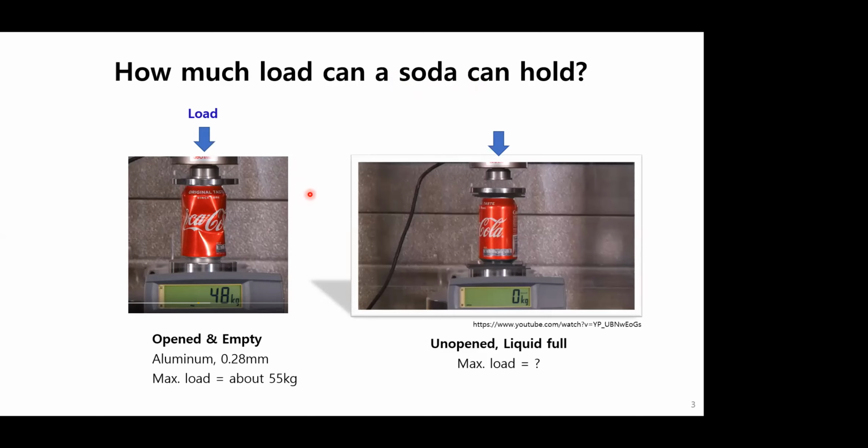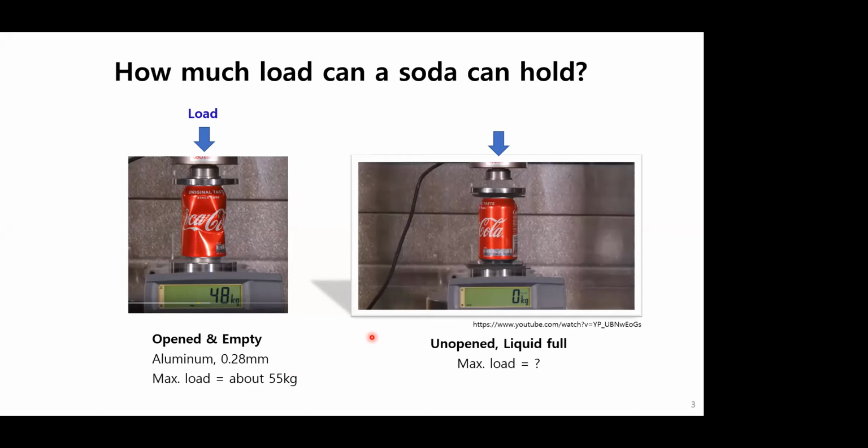How much weight can this soda can hold? It's an interesting question. A soda can is generally very thin, less than 0.3 millimeters aluminum, to make it very light. But it's also supposed to be strong enough to act as a kind of liquid container.